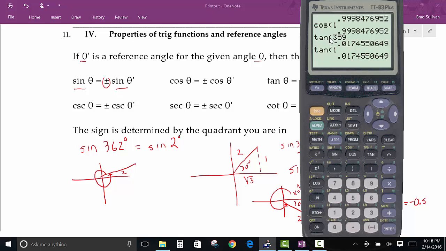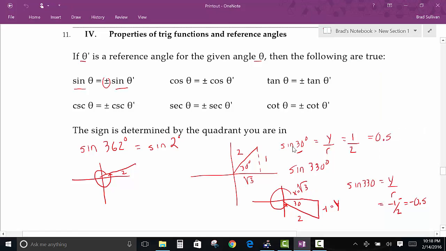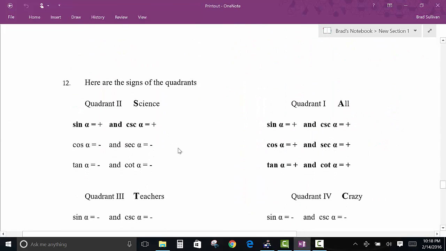The tangent is positive in quadrant 1, so the tangent of 1 degree is positive, and 359 degrees is a quadrant 4 angle, so the tangent's negative there. So you can explore this on your calculator, and get a better idea of what these statements are saying.